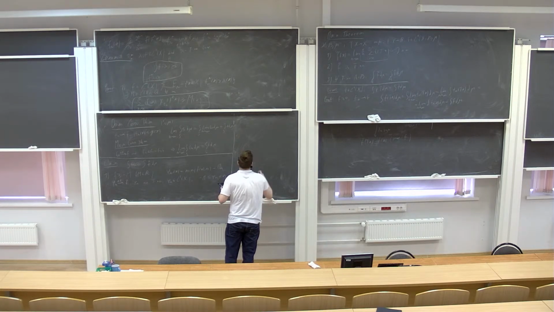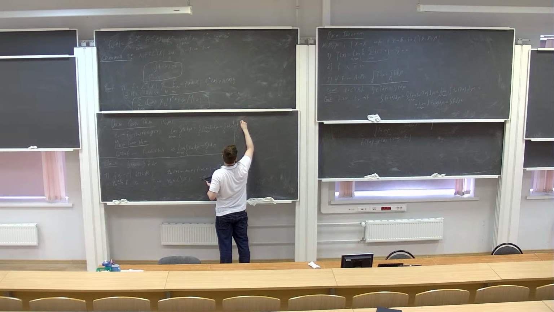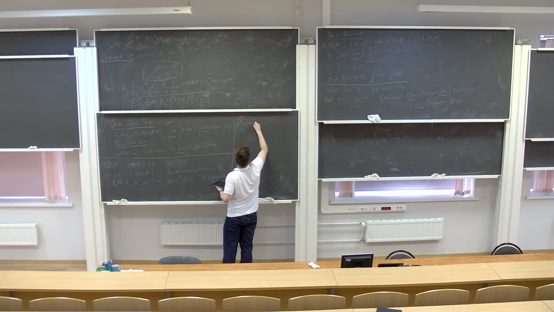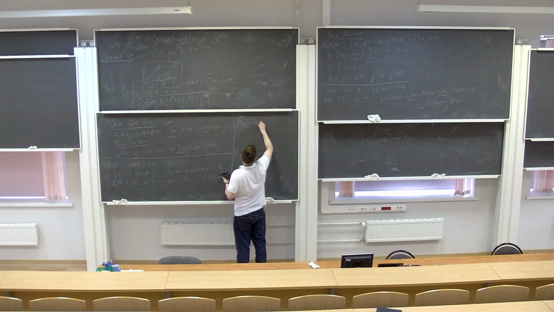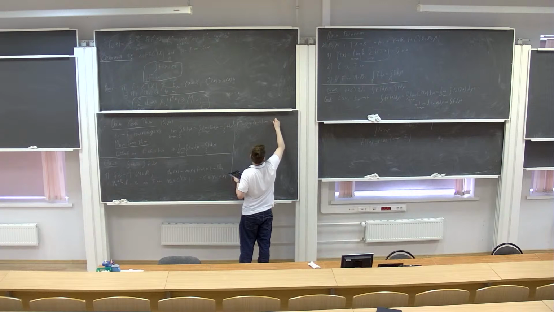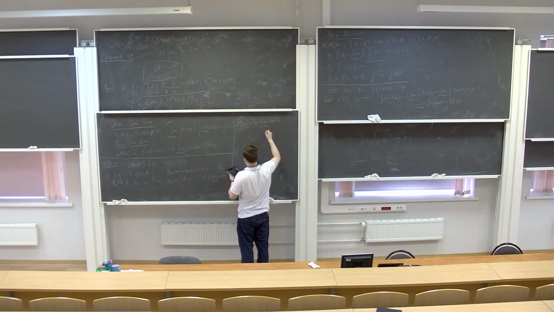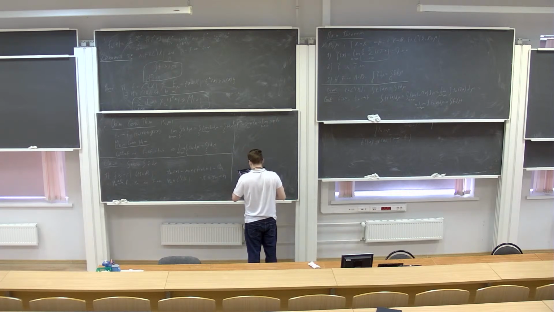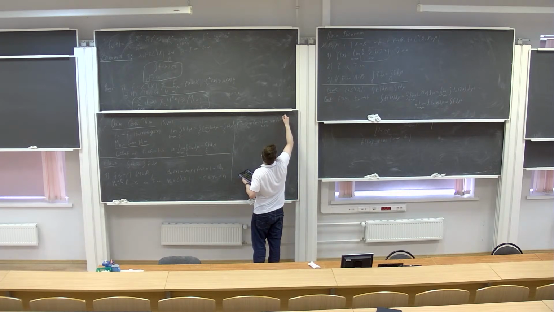F star is the supremum of Fn, which is obviously greater than or equal to the limit of the supremum of Fn as n goes to infinity, which is exactly f upper hat, which is greater than phi k.